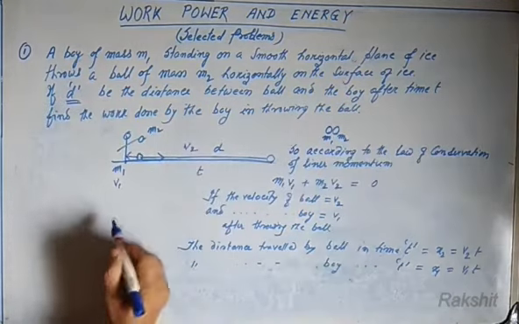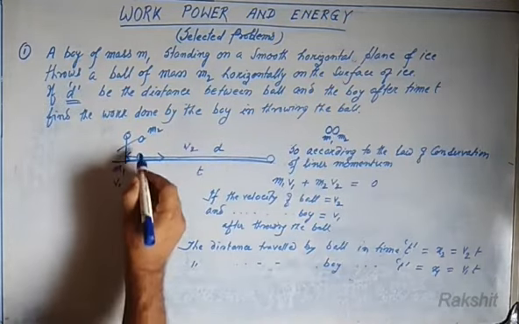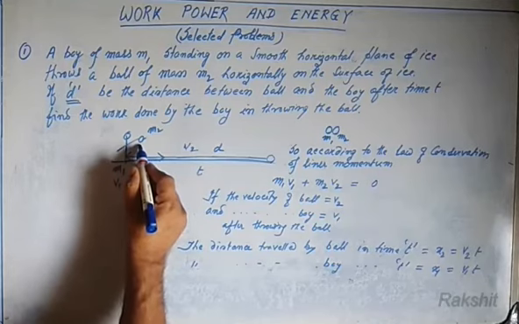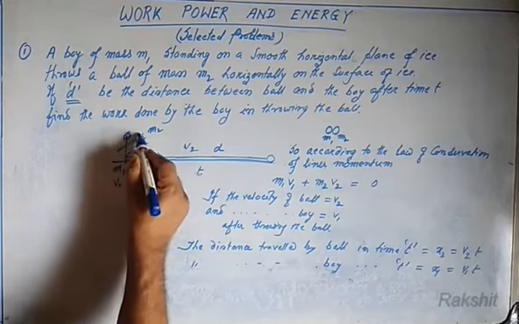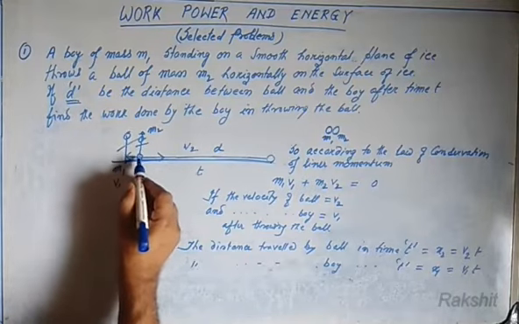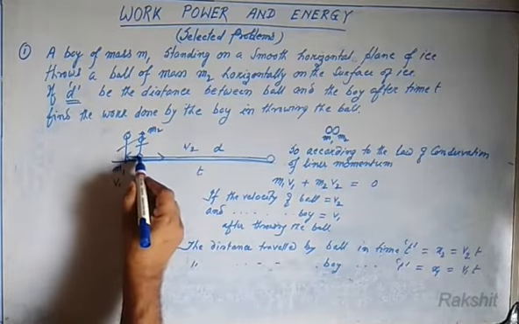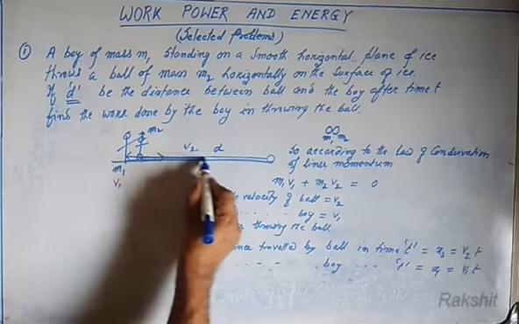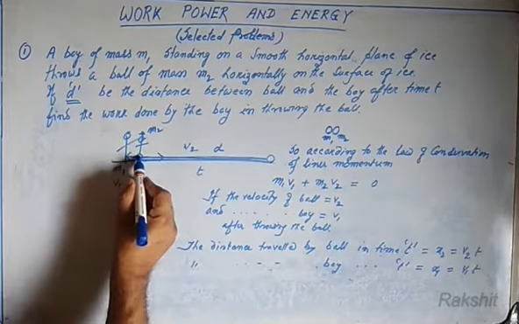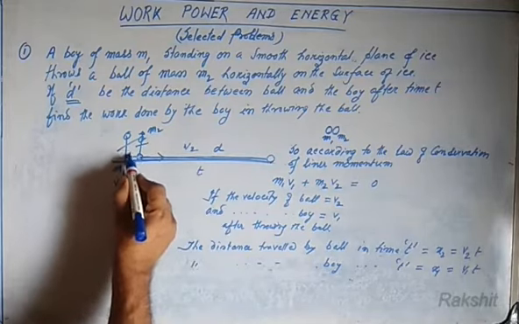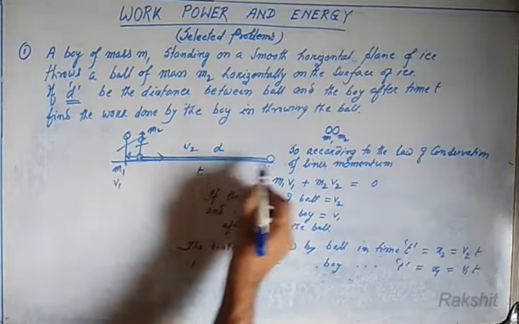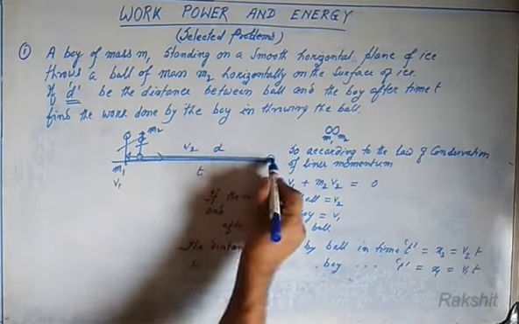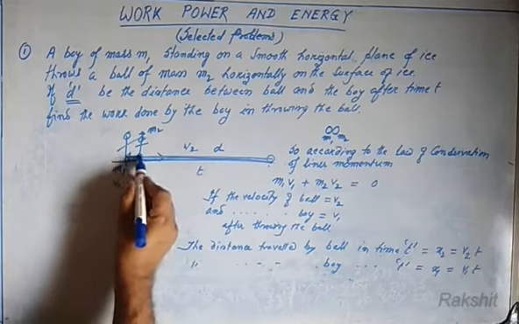Initially the boy and ball were at the same point, and finally the ball moves through a distance x2 and the boy moves through a distance x1, and the separation between boy and ball is equal to this distance plus this distance.